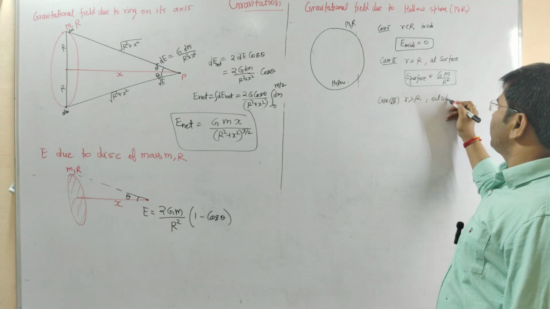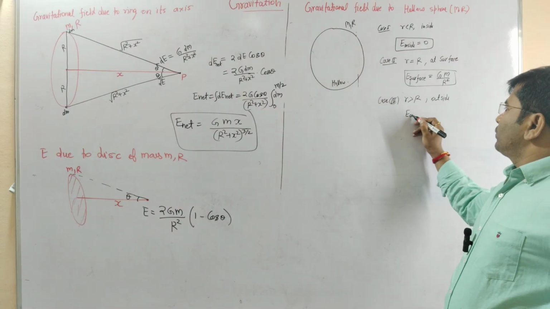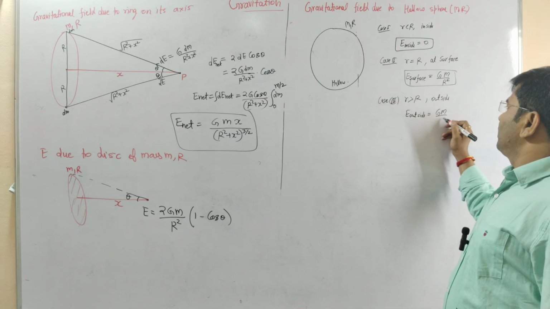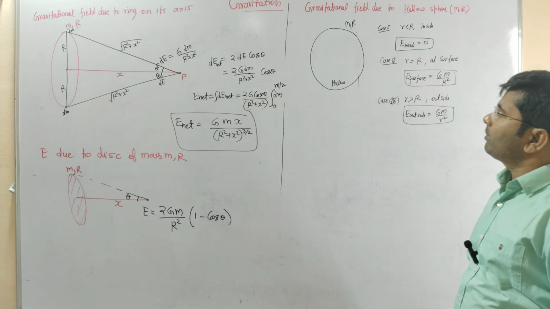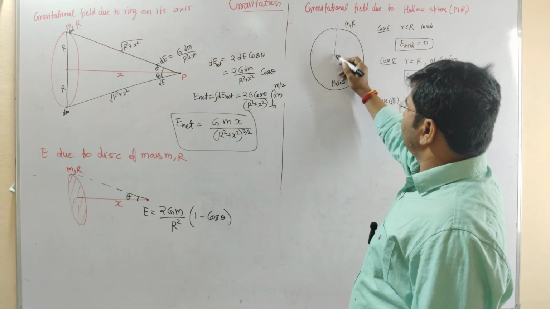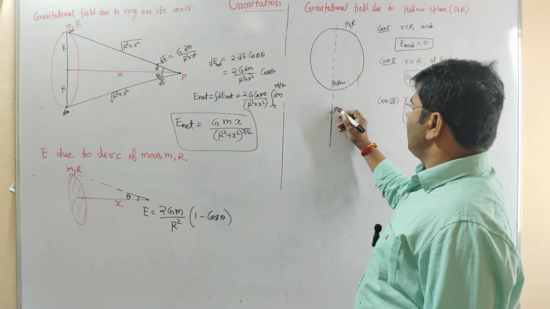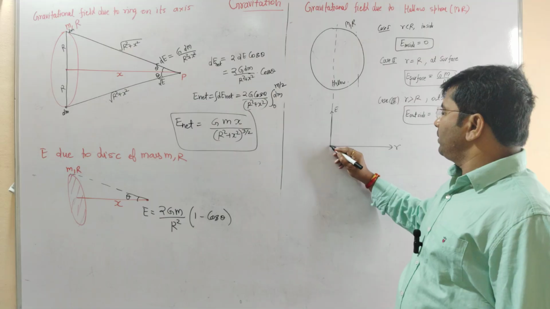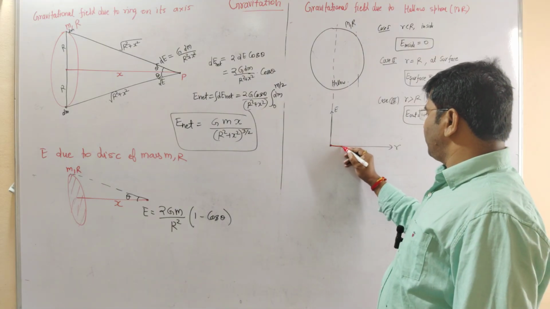So at an outside point, it will behave like a point mass. So the formula will be GM upon r square, not capital R, small r square. So it will behave like a point mass. If I'm plotting the curve here, let's take this as the center line. This is E and this is r. So the field will be 0 from the center to the surface. So this is field 0.